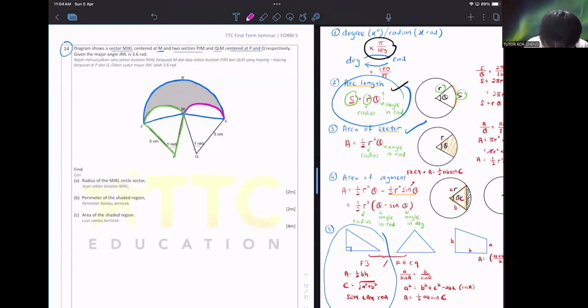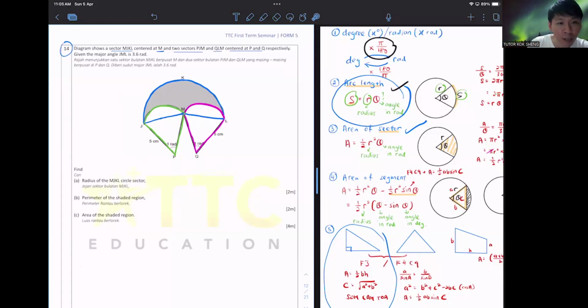Three circles, okay? So you can see the blue one is actually part of a circle. This is the whole circle; they only show you part of it. And for the two ice creams, same, also part of the circle. They show you only part of it.